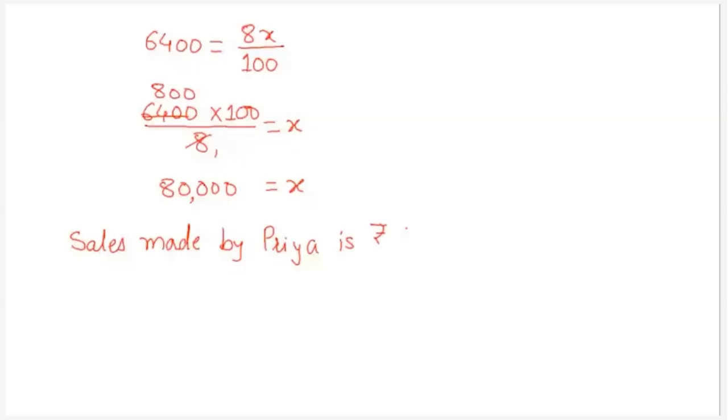Sales made by Priya is rupees 80,000 in that month. In the exam, you will use a scale and you will draw this box.